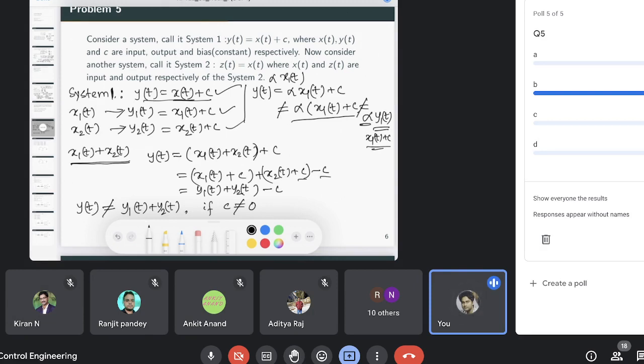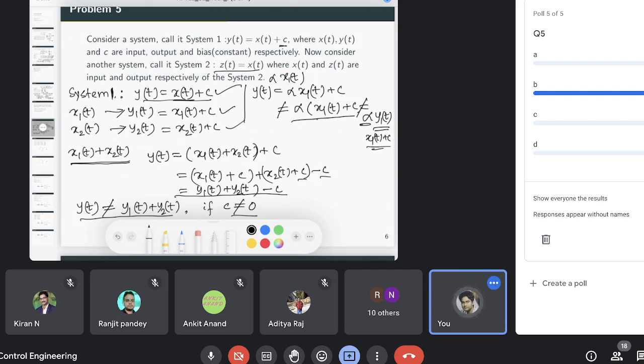It's an affine system, called affine because of the presence of this constant term. For the second system, it is easy to verify that both superposition and homogeneity properties will be satisfied. Because of the absence of the c, if c is equal to 0, then yt will be equal to y1 plus y2, and similarly the scaled version, that is the homogeneity property, will be satisfied. You can just check, this is simple.